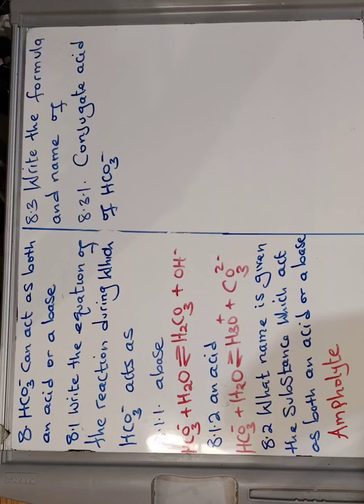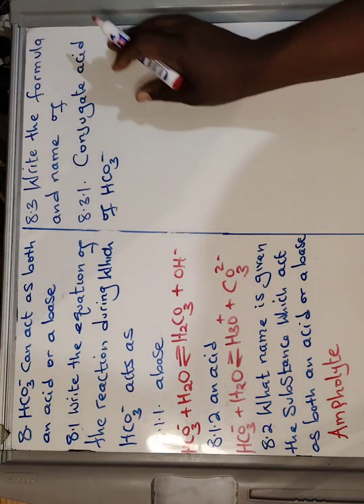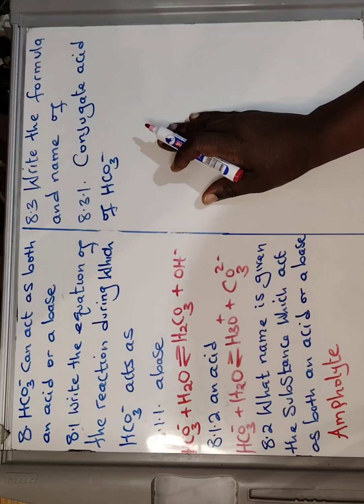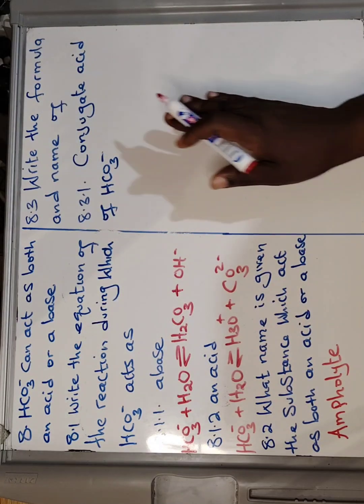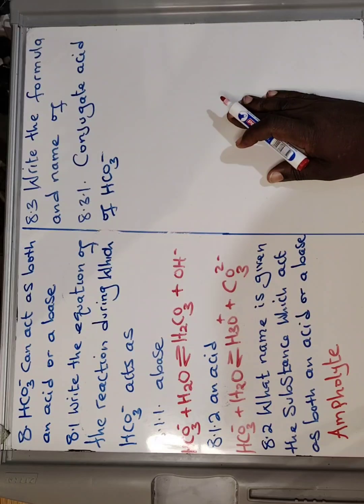We have to remember that the difference between the conjugate acid and its conjugate base is an H; the acid has an extra H. So we just add one proton there, and that will be the conjugate acid.